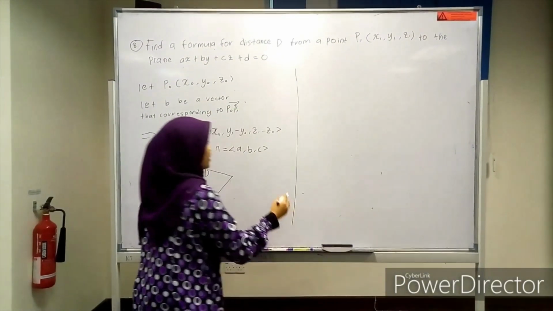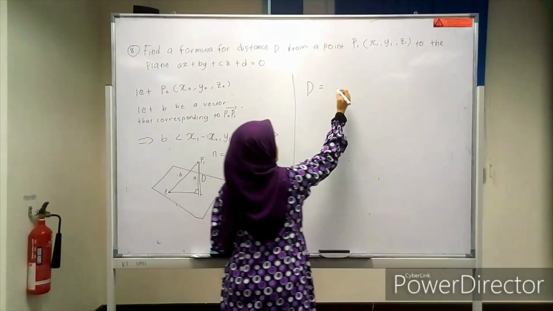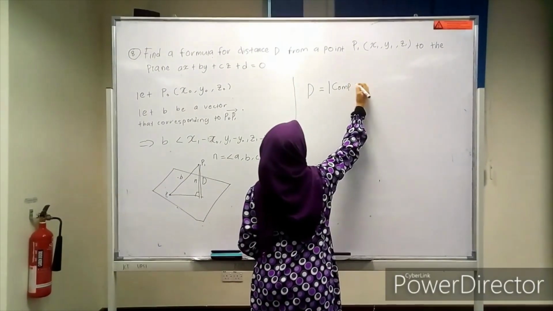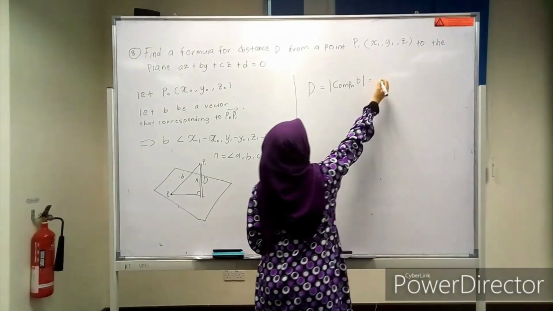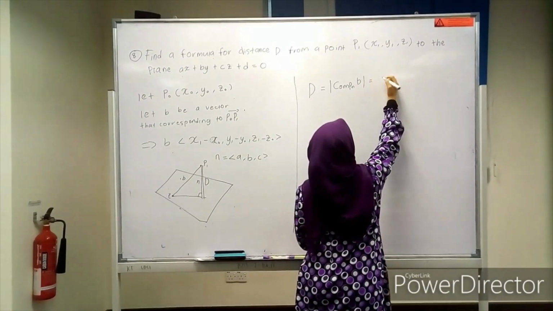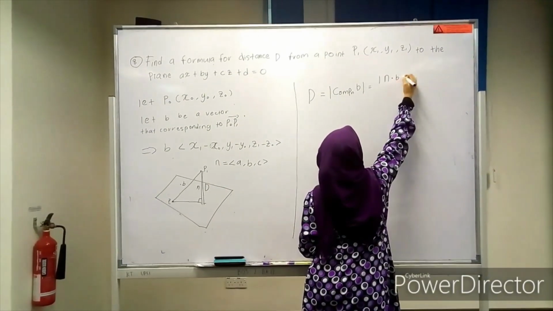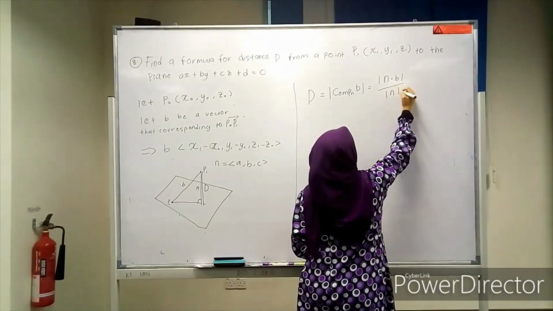So the formula for distance is the magnitude of the component of b along n, and we can also write it as the magnitude of n dot b divided by the magnitude of n.